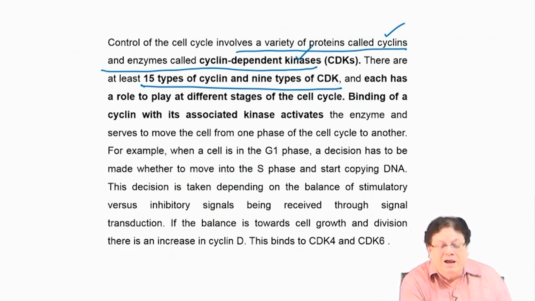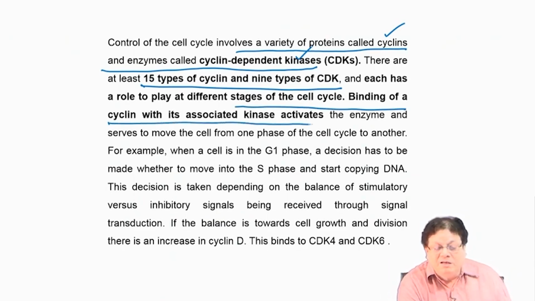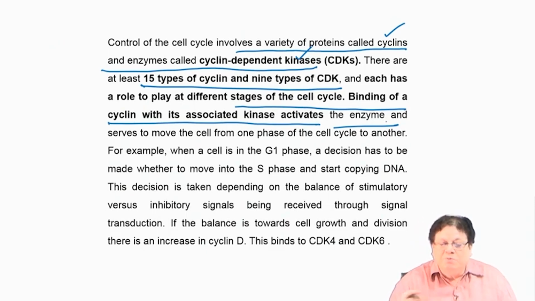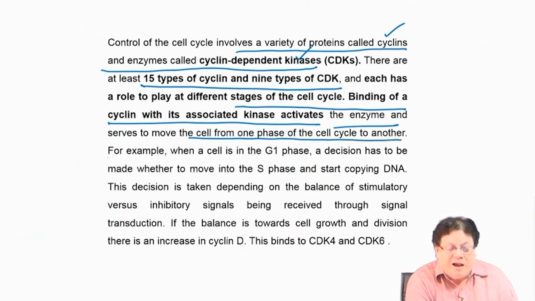Each has a role to play at different stages of the cell cycle. Binding of a cyclin with the associated kinase, as I said, activates the enzyme. The enzyme is the kinase enzyme. The protein is the cyclin, and this enzyme-cyclin complex serves to move the cell from one phase of the cell cycle to another.